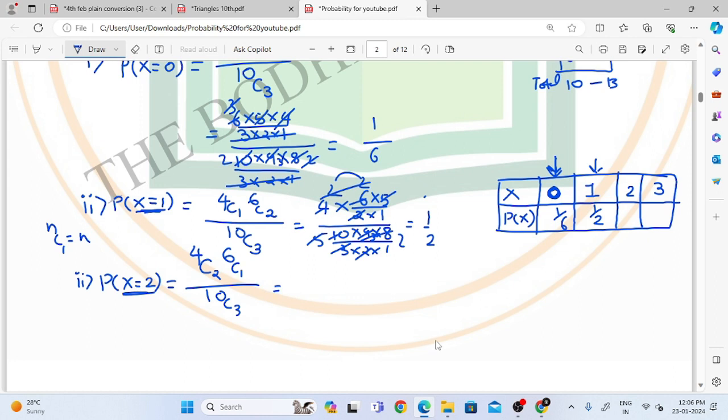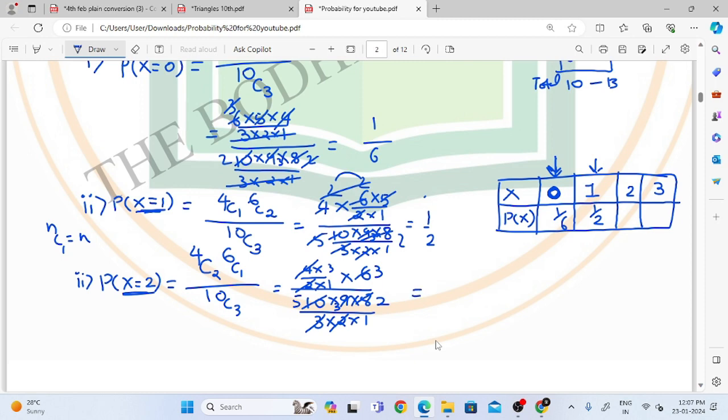So 4C2 means 4 into 3 upon 2 into 1, multiplied by 6C1, that means 6, upon 10C3, that means 10 into 9 into 8 upon 3 into 2 into 1. Now cancel out the numbers. 3 3s are 9, 2 5s are 10, 2 3s are 6, and 4 2s are 8.